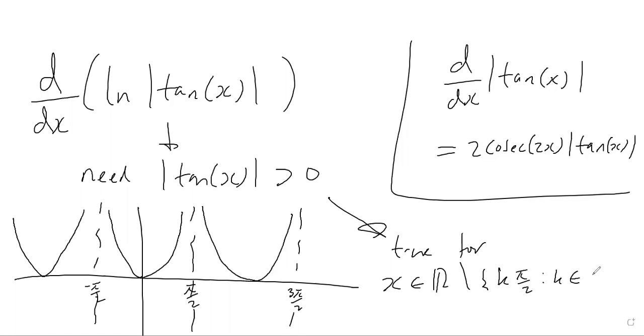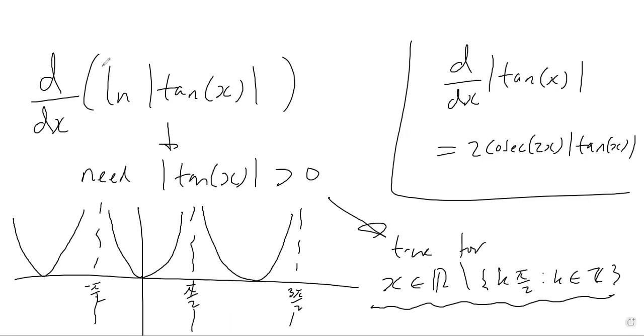So this is defined for x values in the real numbers, apart from k times pi over 2, where k is any integer. Of course, it can't be pi over 2, 3 pi over 2, minus pi over 2, minus 3 pi over 2, and so on, because we get asymptotes at those parts of the graph. So this would be our domain for this derivative to hold true.